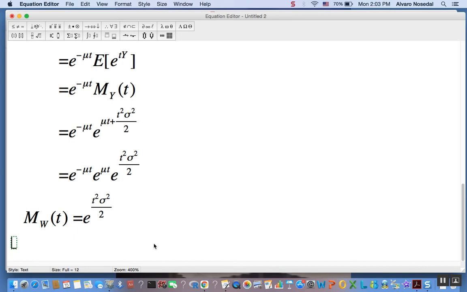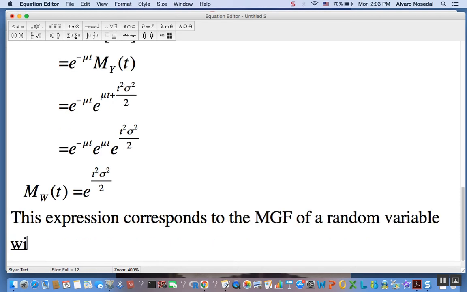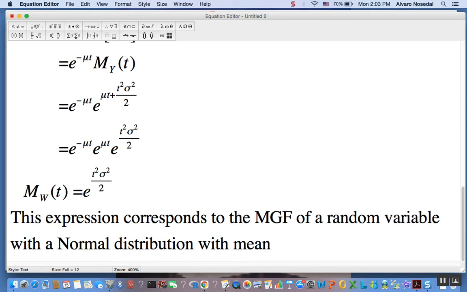So this expression corresponds to the MGF of a random variable with a normal distribution with mean 0 and variance sigma squared.